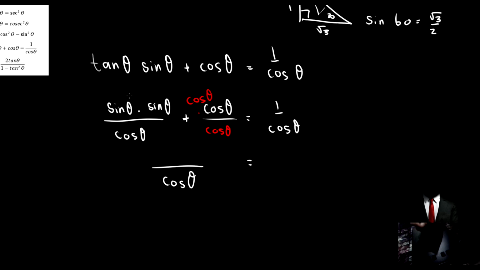So now sine times sine is sine squared theta plus cosine times cosine is cosine squared theta, which should be equal to 1 over cosine theta.